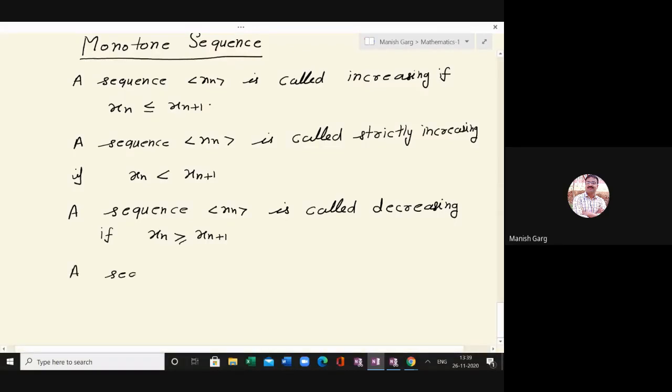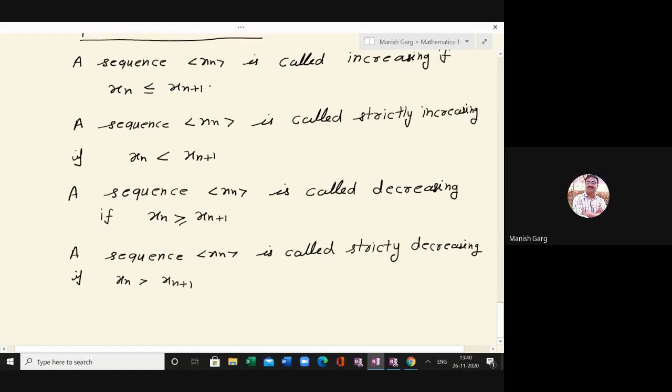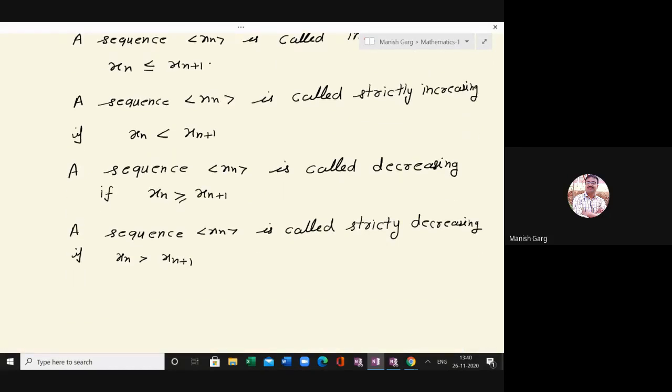A sequence xn is called strictly decreasing if xn is greater than xn plus 1. There is no equality between two consecutive numbers. Now what is a monotone sequence?